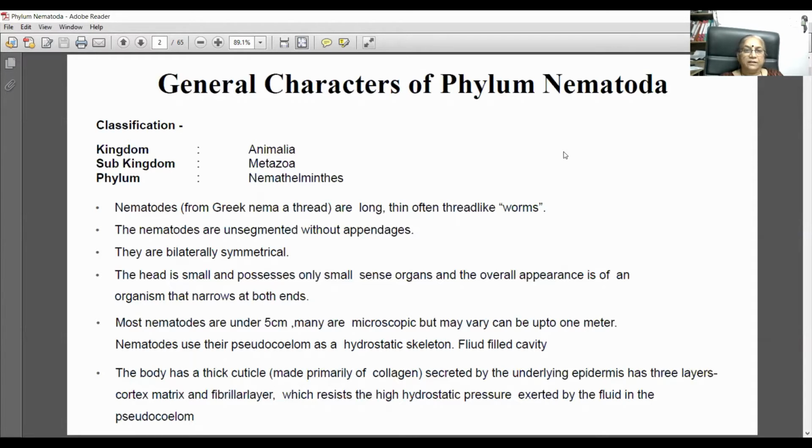The anterior end has the sense organ or the mouth-like structure, and the posterior end has a tail. Most nematodes are below 5 centimeters in length, but the size can vary from microscopic to 1 meter.